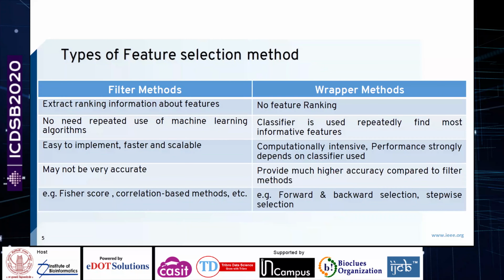So in the filter methods, we extract ranking information about the attributes. There is no need to repeat a machine learning algorithm multiple times to get this ranking information. It's easy to implement, fast and scalable, but it may not be very accurate. It can provide you some preliminary information about the attributes. And to be more accurate, these methods have to be used along with other methods like wrapper methods and hybridized with them to get a synergistic combination of filter and wrapper methods for most informative attribute selection.